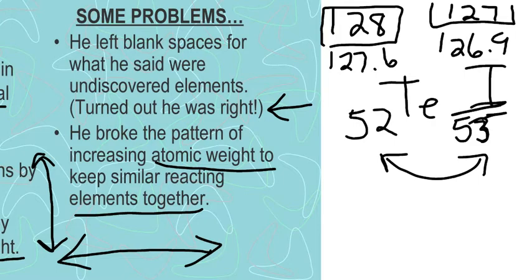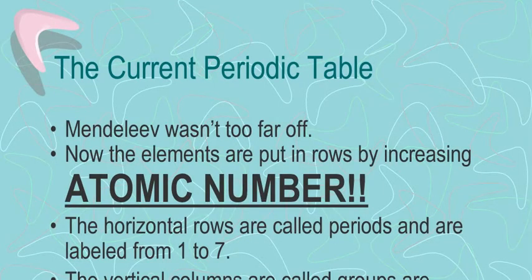So Mendeleev just assumed that someone had miscalculated the atomic mass of iodine and tellurium, when in reality what we now know is it's not about atomic mass, it's about atomic number. So we now understand that the atomic number is the functional property that we use to categorize the elements on the periodic table.